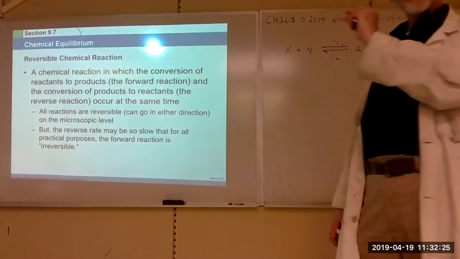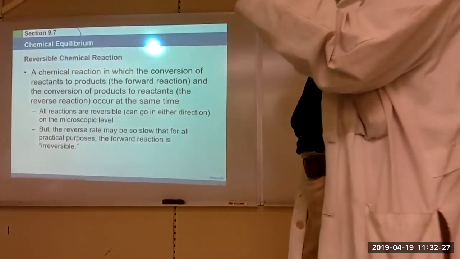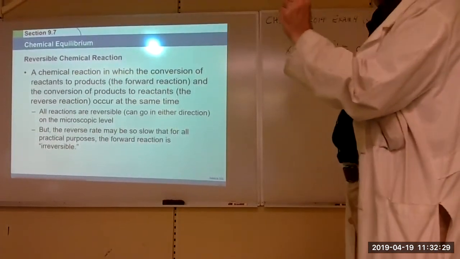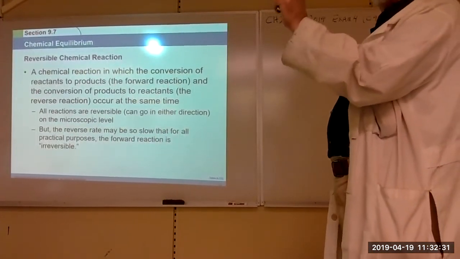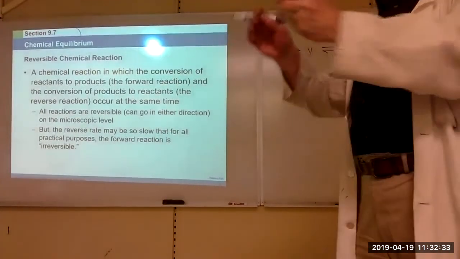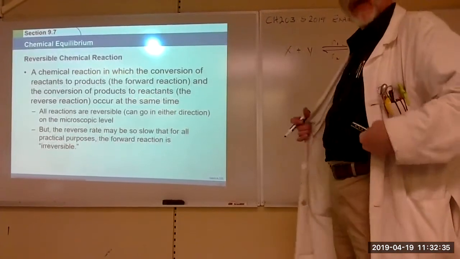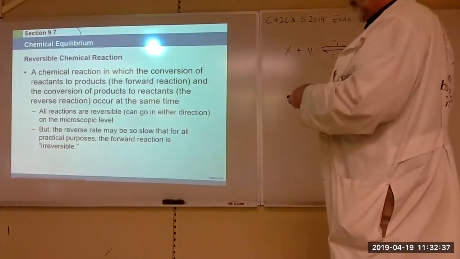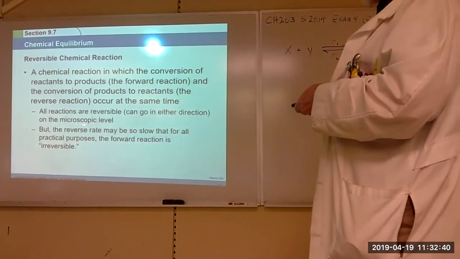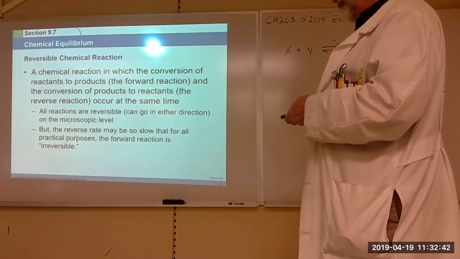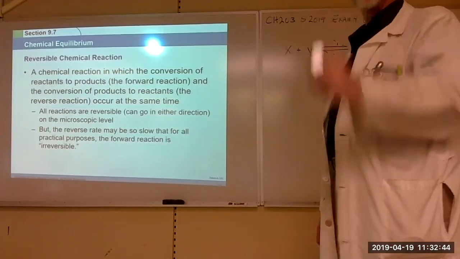If we decrease the time interval to such a small degree, then every reaction is reversible. But if you make a practical time length, depending on the reaction, then some reactions are reversible and some are irreversible. That is, they basically only go in a forward direction.